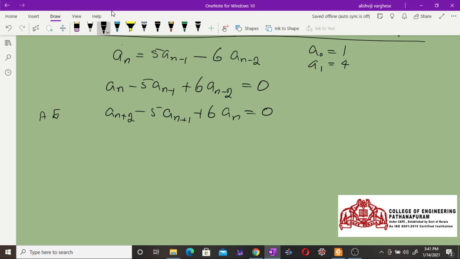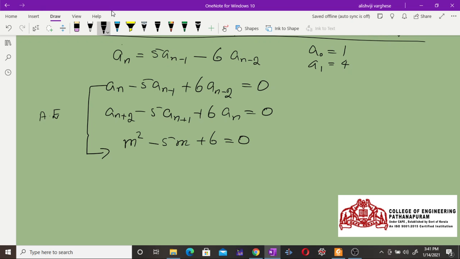From here we can write down the auxiliary equation as m squared minus 5m plus 6 is equal to 0. So we can write down this auxiliary equation from the given recurrence relation itself, but the intermediate step will make things simple.